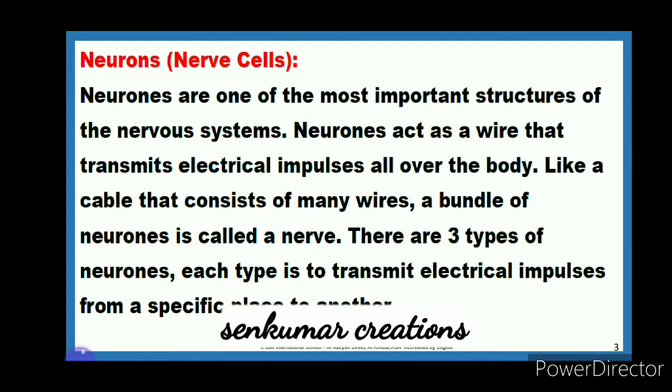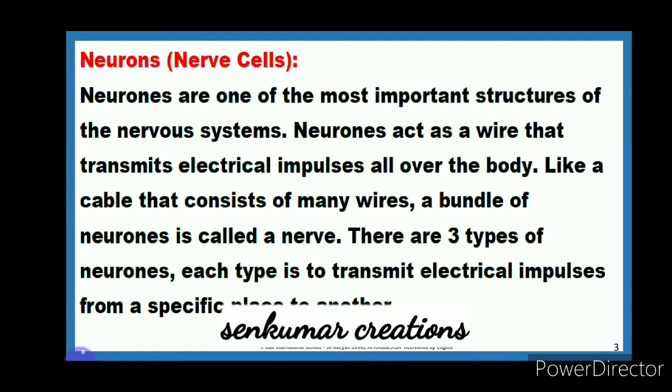Each type transmits electrical impulses from one specific place to another. Do you understand clearly now? Neurons are like a wire. A cable has a lot of wires joined together. Like that, many neurons are joined together forming one nerve. One nerve is formed because of many neurons.